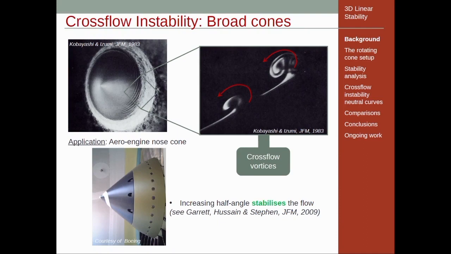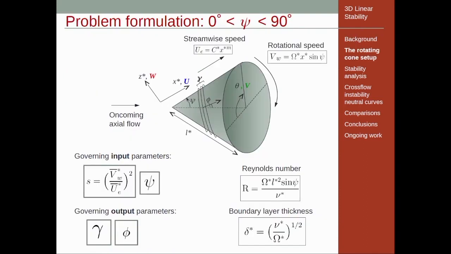If we move on, at this point we can introduce our mathematical formulation, the geometry of the problem. Simply, we just have a cone of half angle psi that's rotating at some angular frequency omega.